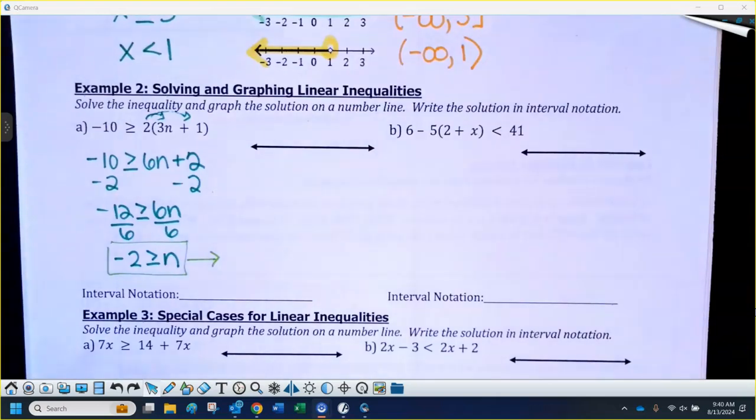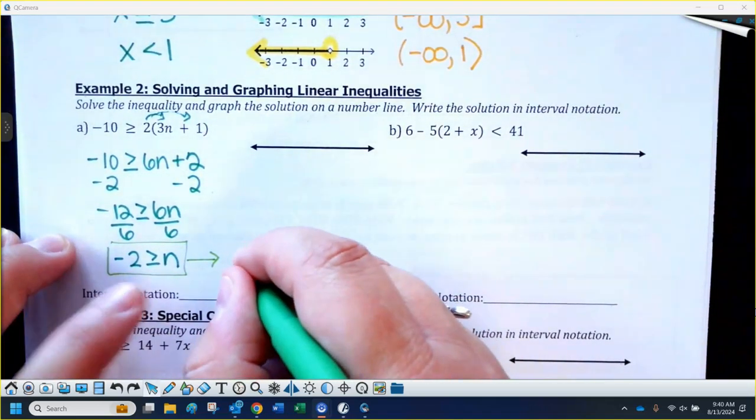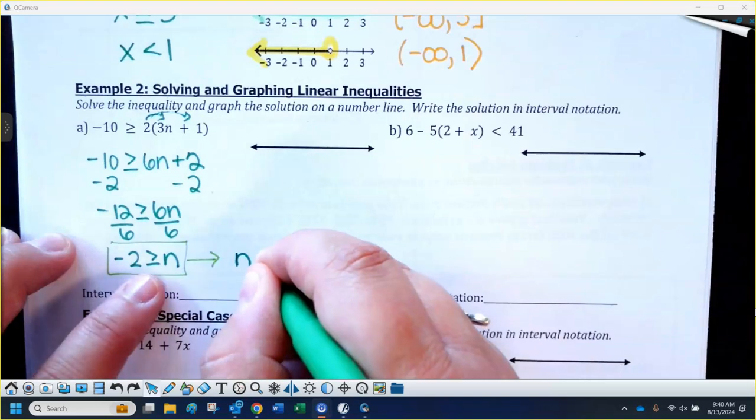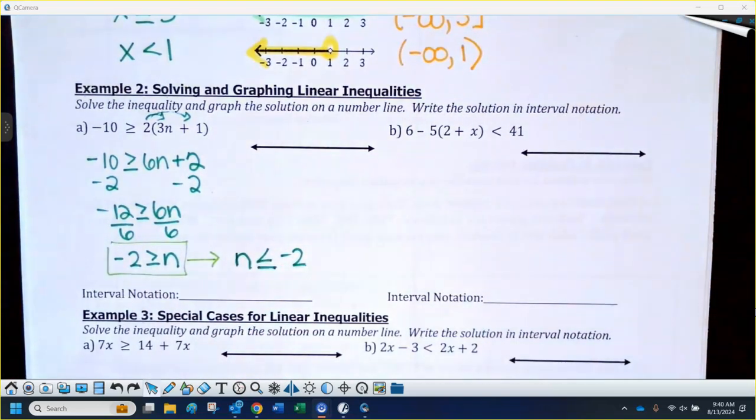I would just recommend this to you because if you have the variable on the left side, this says -2 is greater than or equal to n, the other way you can read this is n is less than or equal to -2. I don't want to say I flipped anything, but I turned the entire inequality around. The little part still points toward the n.